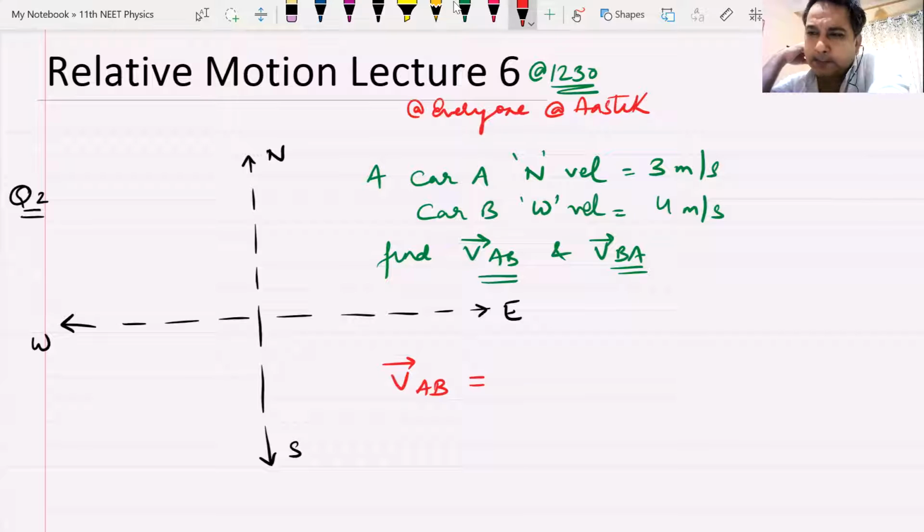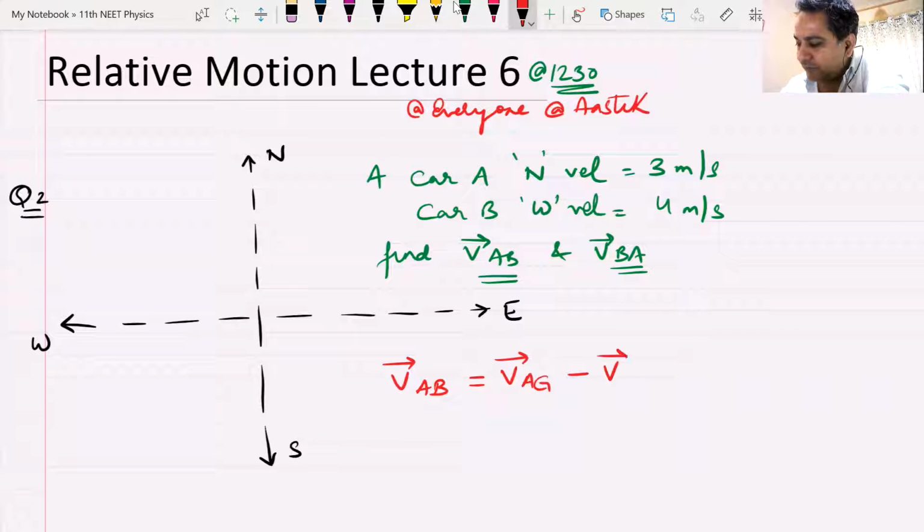Sir, it is the velocity of A with respect to ground minus velocity of B with respect to ground. So the only thing now remaining is to find the velocity of A with respect to ground. How do we do this? Sir, already it's given in the question. What is given in the question?